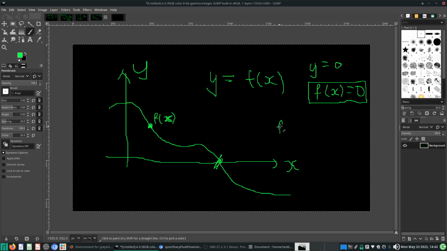So you need to compute f prime of x here. This will be the derivative, f prime of x.